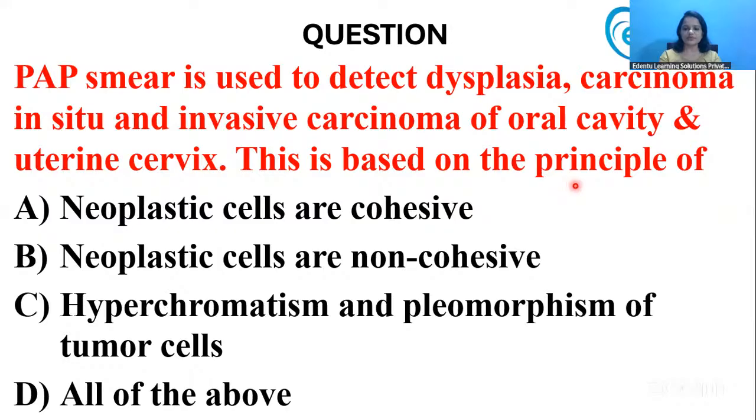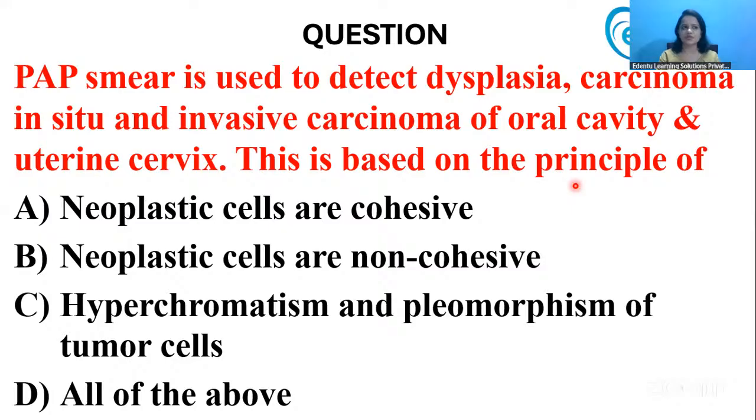This is based on the principle of, okay, pap smear, Papanicolaou smear or Papanicolaou staining is very important, and it is part of exfoliative cytology. Okay. So exfoliative cytology means when a patient presents with a lesion, whether it is a white lesion or a growth, instead of directly going to the biopsy procedure, we can do something called exfoliative cytology.